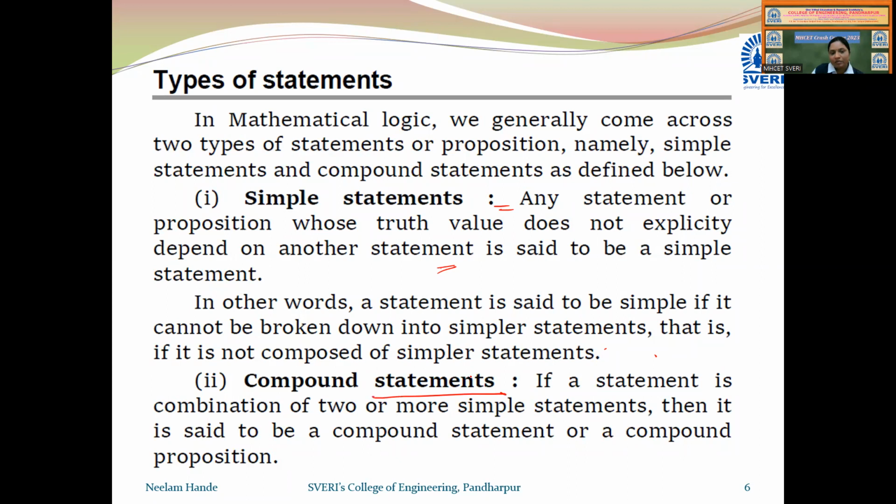The next type is compound. What is a compound statement? Its truth value depends upon other statements. A compound statement is a combination of two or more simple statements, not a single statement. If two or more simple statements are combined, we call it a compound statement.